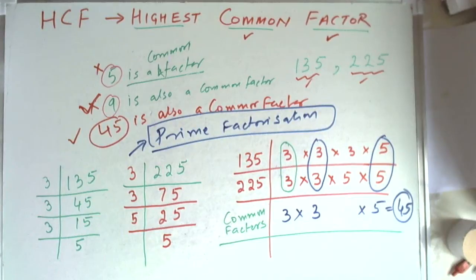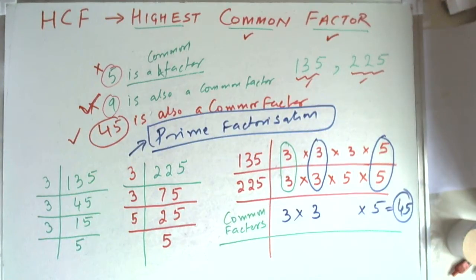Suppose there is another number which is 675, or if there are 3 numbers, then what happens? Then also we follow the same method.